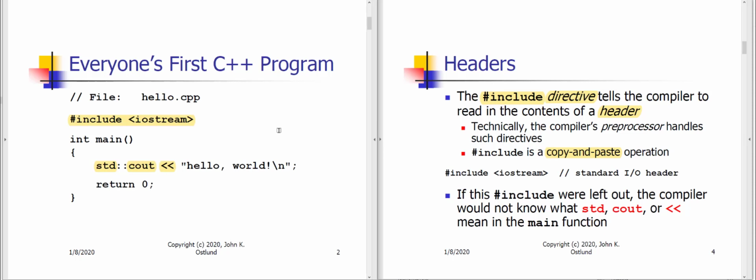A very common mistake early on in your C++ programming career is to forget your #include, and then you'll get error messages from the compiler saying, I don't know what std is, I don't know what cout is, blah, blah, blah. All right, so just get in the habit of putting include of IOStream at or near the top of every code file that you create, and that will enable user output to be displayed and eliminate a lot of syntactical complaints from the compiler.